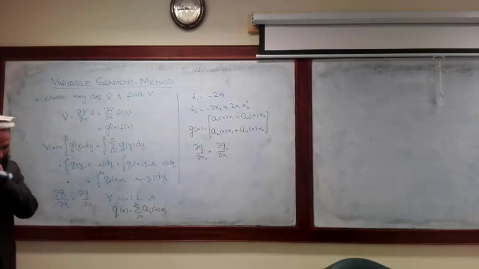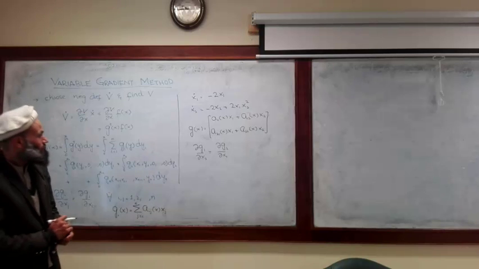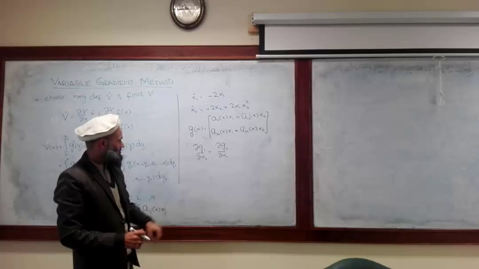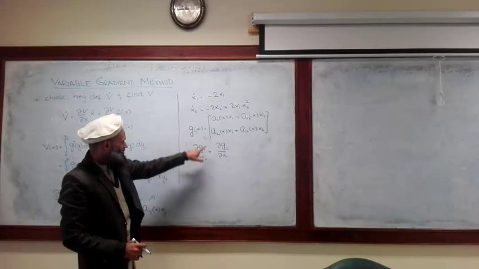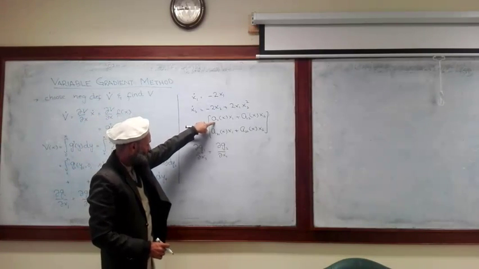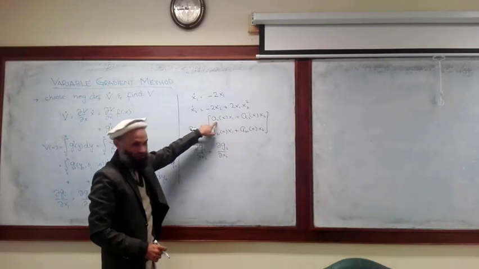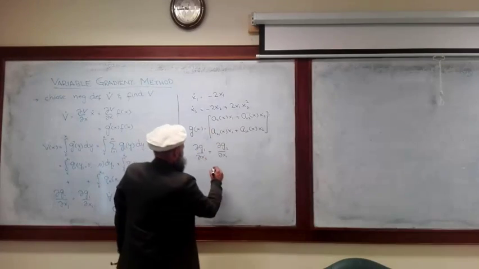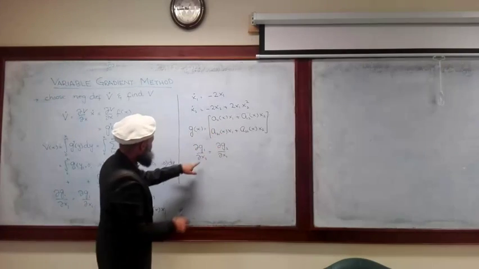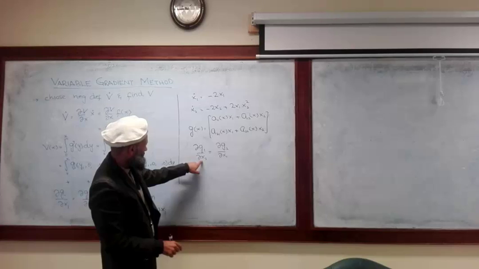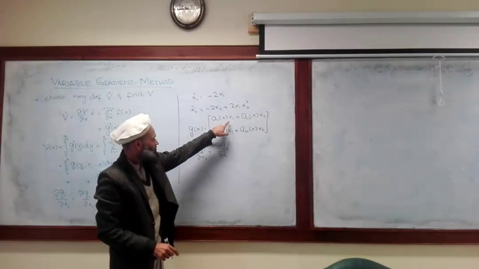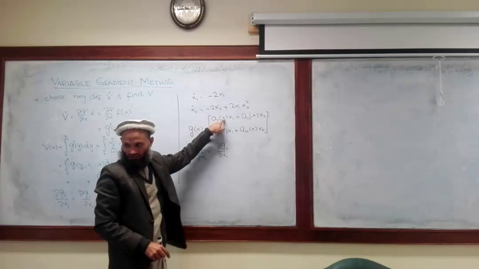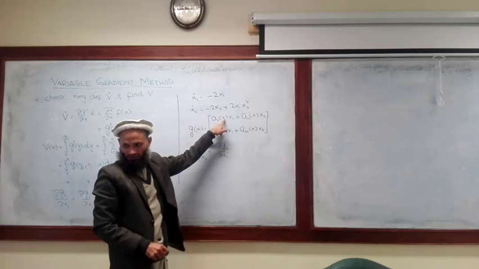How to write this condition for this particular case? We compute the partial derivative of g1 with respect to x2. Why is it not 0? This is a function of x, so it contains x2 as well.